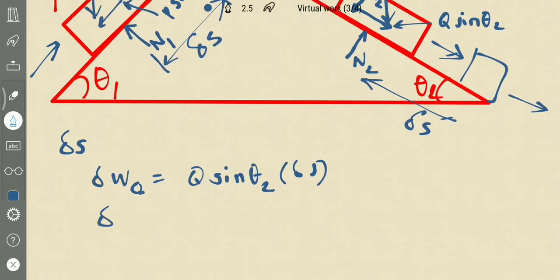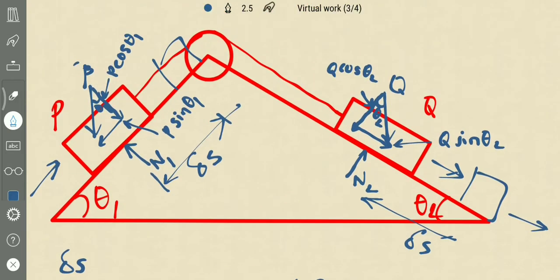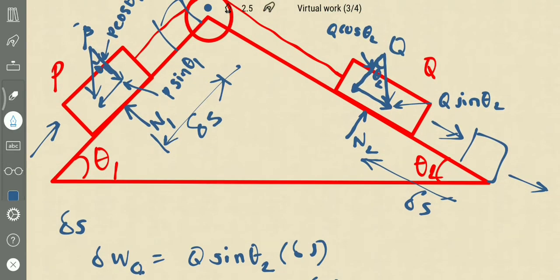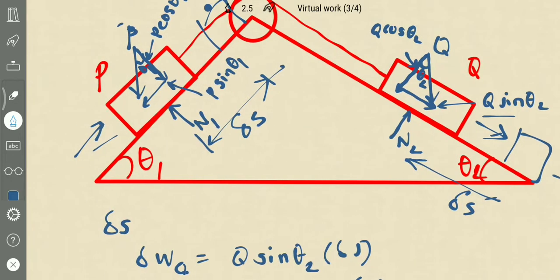And similarly, virtual work done by the body P is P sine theta 1 in the direction of motion, into delta S. So now giving the sign, in Q body the force and the direction of motion are the same, and in P body the direction of force and the displacement are in opposite direction.